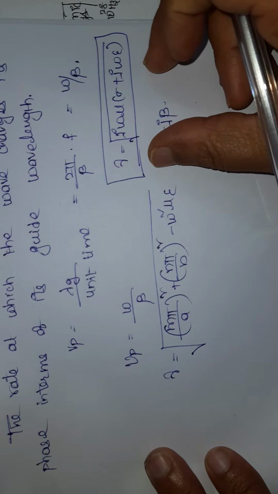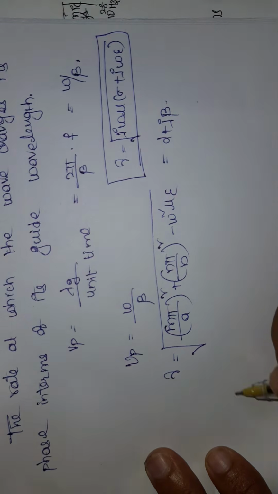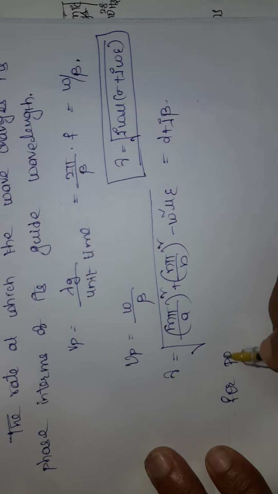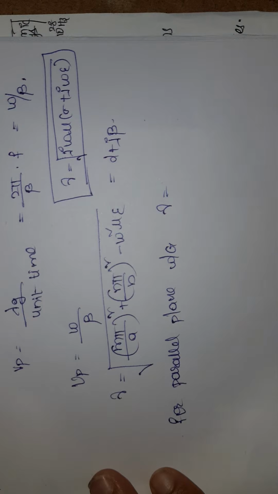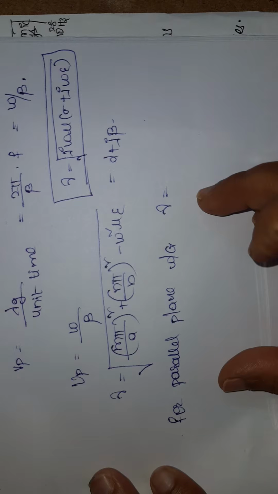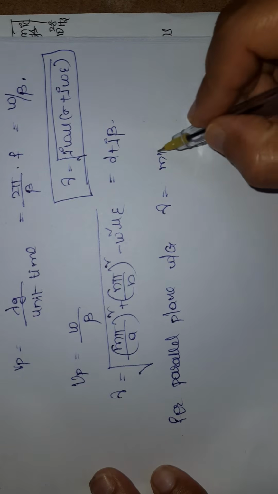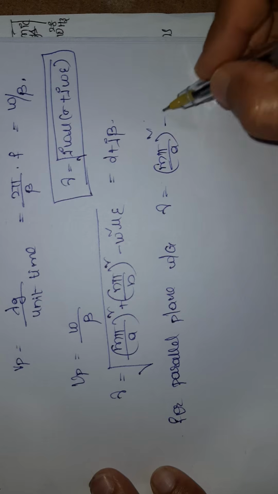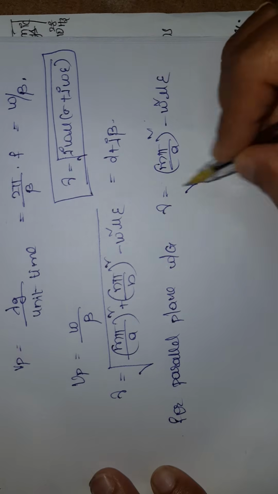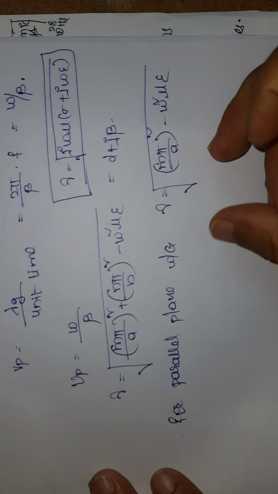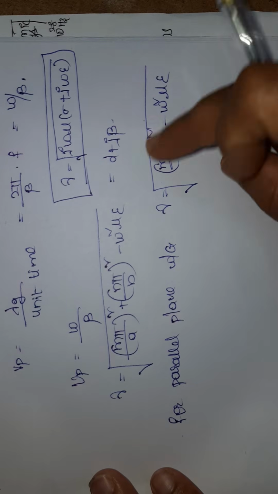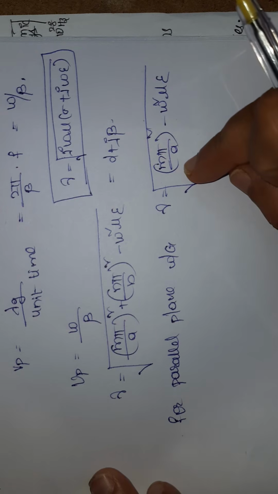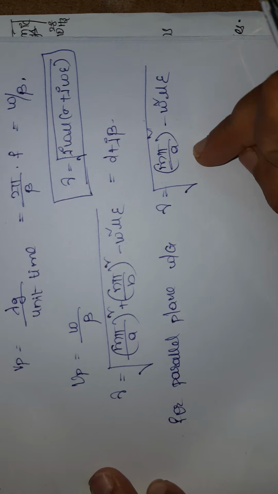For the parallel plane waveguide, we have derived already the expression for gamma, and I got it as the square root of m pi by a whole square minus omega square mu epsilon. In parallel plane waveguide, as the wave is restricted along only the x direction, I got only one constant term, that is m pi by a.